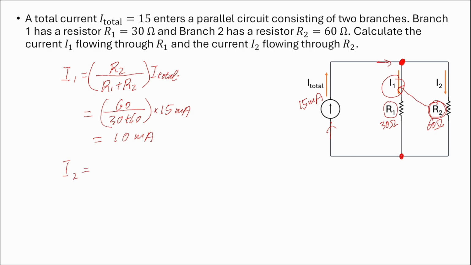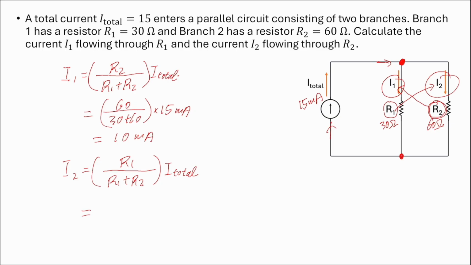I2, again, is proportional to I total. The proportional constant is a fraction. Denominator R1 plus R2. Numerator is R1. So it is R1 that controls how much current passes through R2.